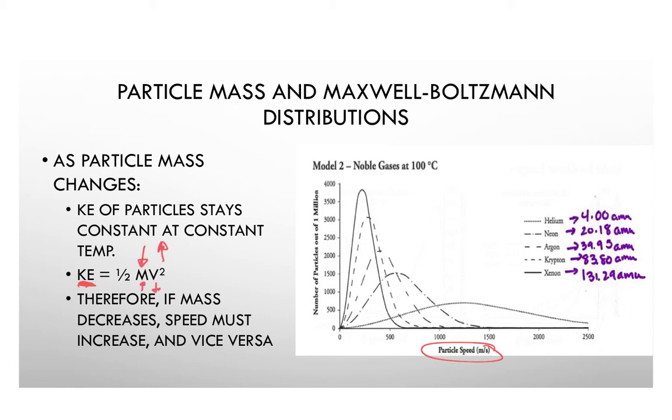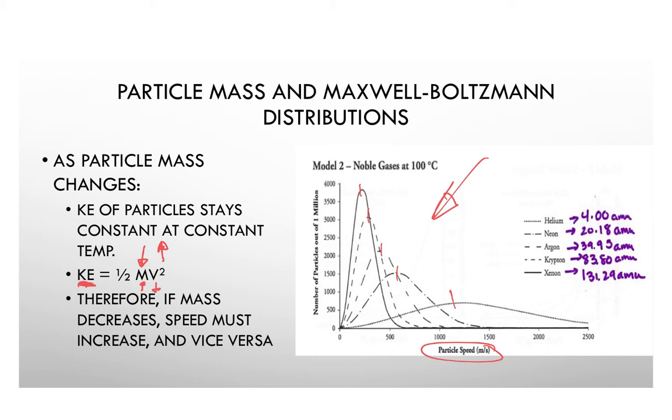So what you end up with is a distribution that looks something like this. The average shifts to the right, the tail stretches out, and the distribution flattens. Same number of particles under the curve, but you end up with a flatter distribution because of the difference in mass.